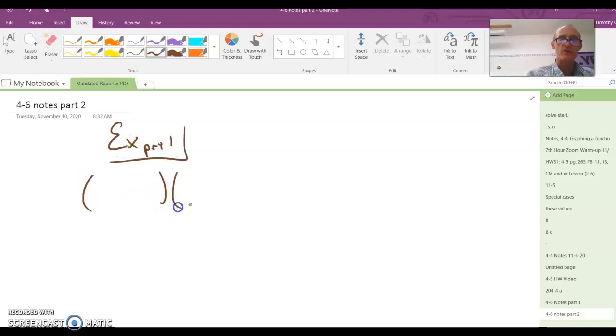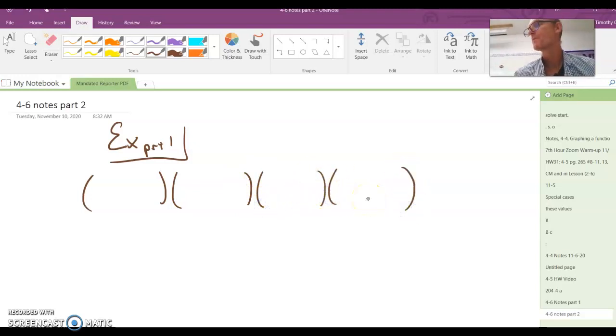And here's a set of ordered pairs. There's 4 ordered pairs there.